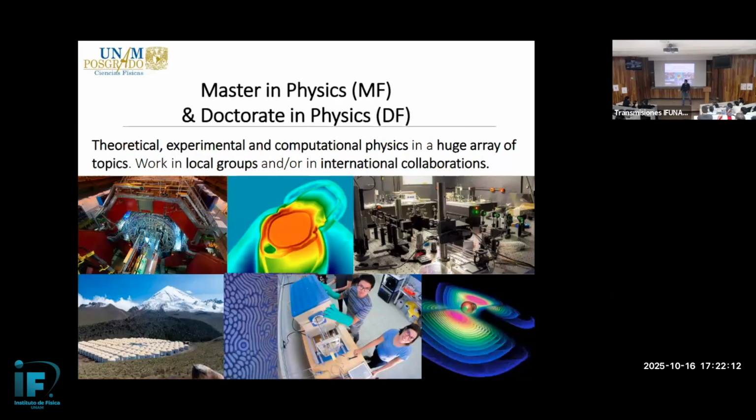And as you might imagine, we're involved both at the master's level and the doctoral level in all possible modes of work and topics of work. So we do theoretical, experimental, and computational physics in a huge array of topics. We work both in local groups, but also in all sorts of international collaborations.